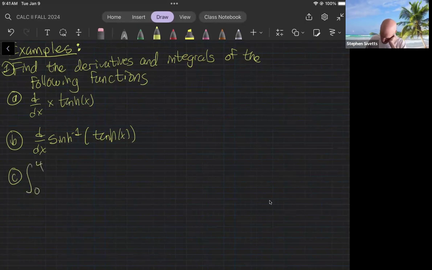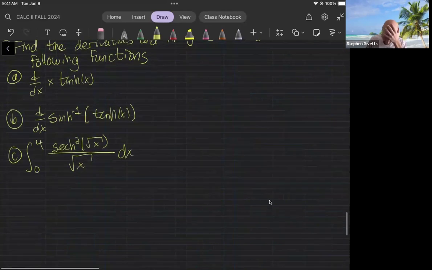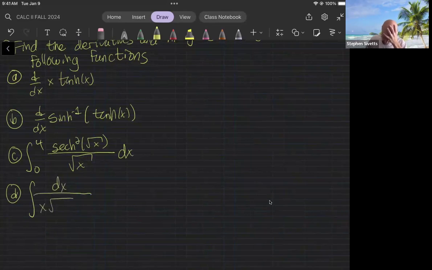Figure out the integral from 0 to 4 of hyperbolic secant of the square root of x divided by the square root of x dx. And dx divided by x times the square root of 16 plus x squared.